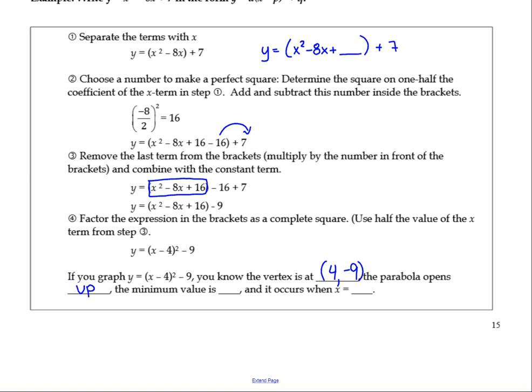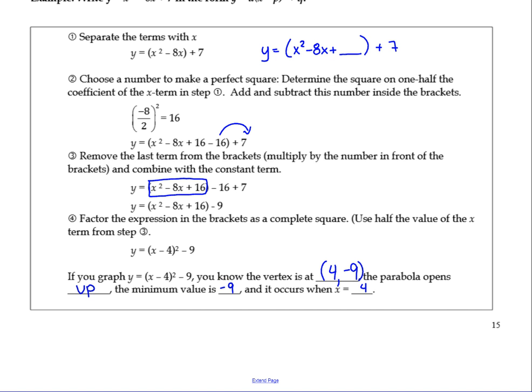The a value is just positive 1. And the minimum would be at, which one would be the minimum value in the vertex? The y or the x? The y. So the minimum value is always the y coordinate of the vertex, and the axis of symmetry is the x value of the vertex. So x equals 4. Okay?